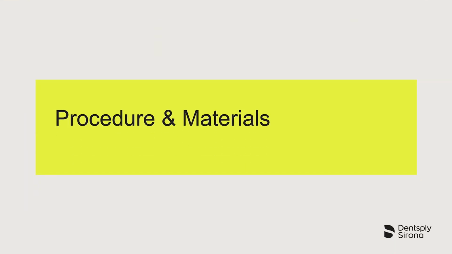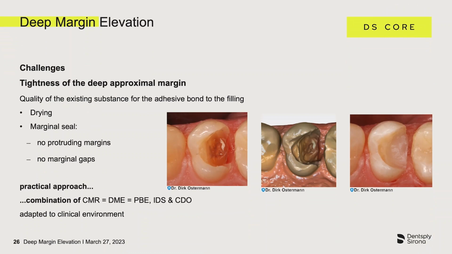Let's move on to the practical clinical procedure and some material recommendations. Here again, as a reminder, the practical challenge is actually to achieve a good marginal seal of the deep subgingival cavity margins so that we do not have any steps and also no marginal leakage.